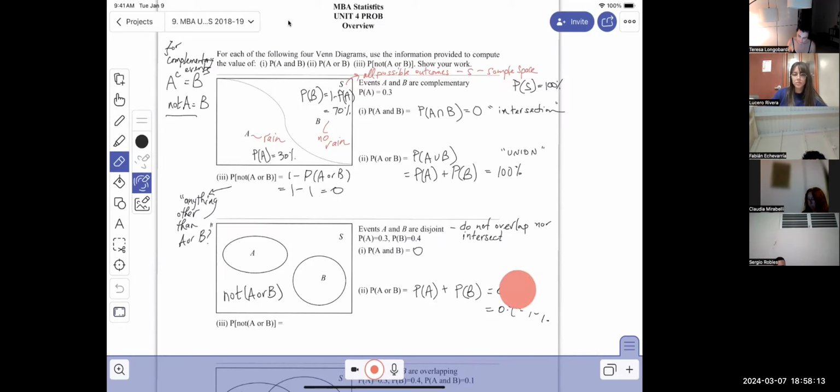So it's going to be 30%. But I said that was hair color. A was hair color. So this is going to be 40%. Now I have to check again. Hold on.